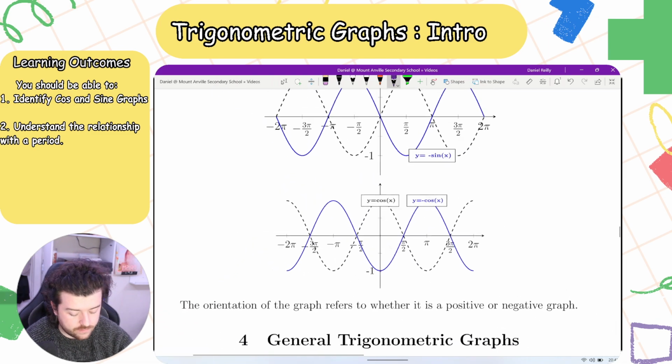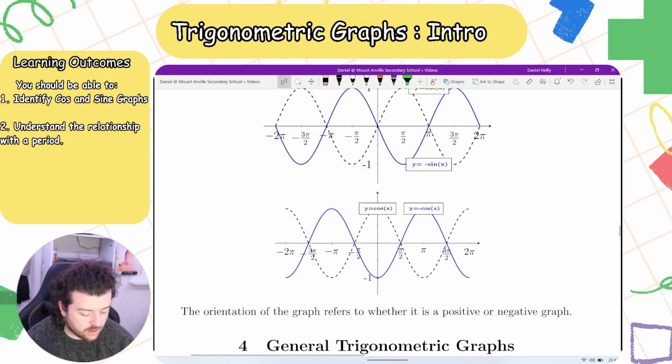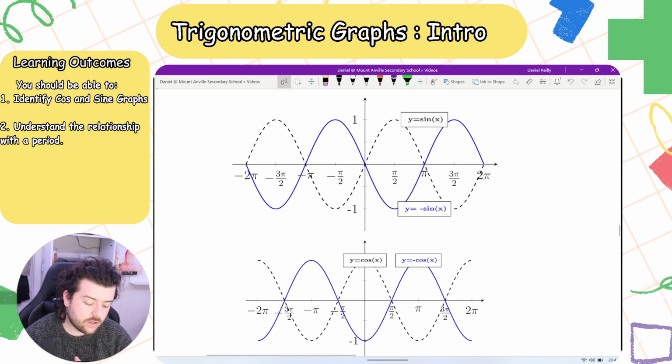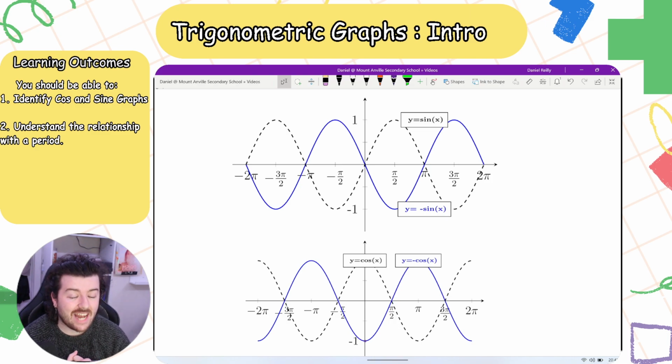The orientation of the graph refers to whether the graph is positive or negative. That's always very important to remember. So if cosine starts at its minimum, it's a negative cosine graph. And sine always starts at the midline, but if it decreases first, then it is a negative sine graph.